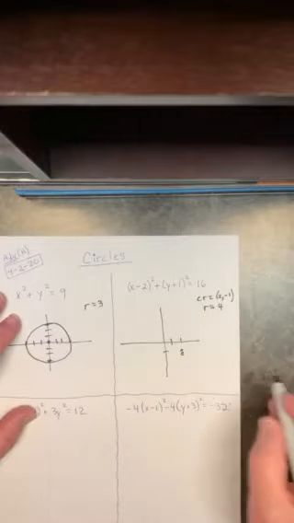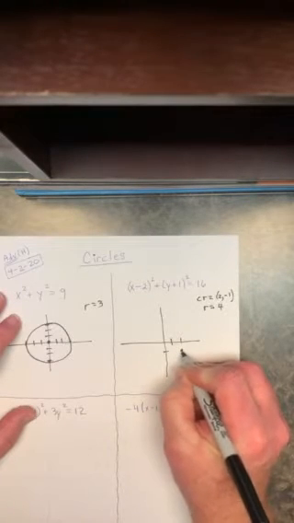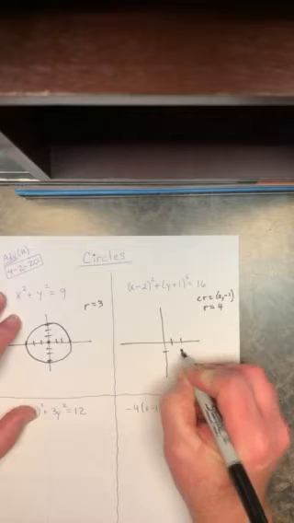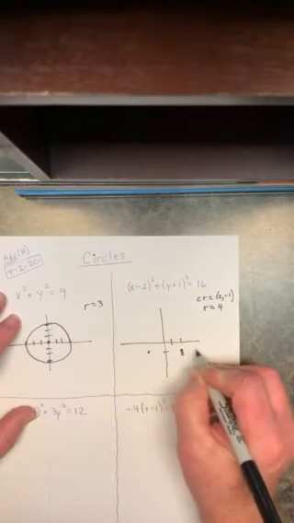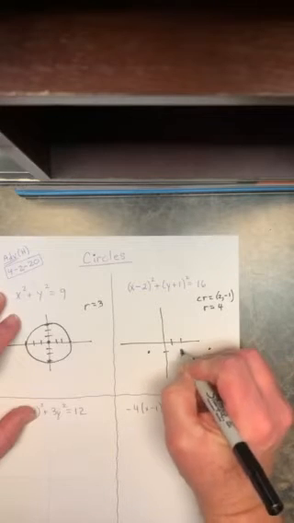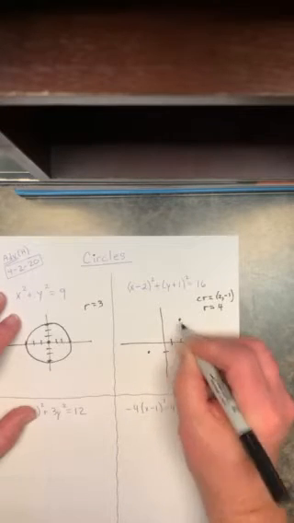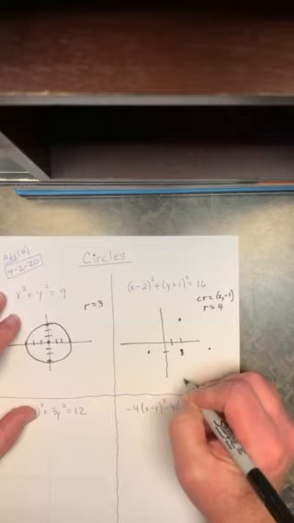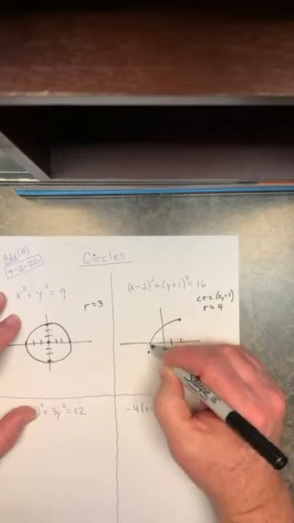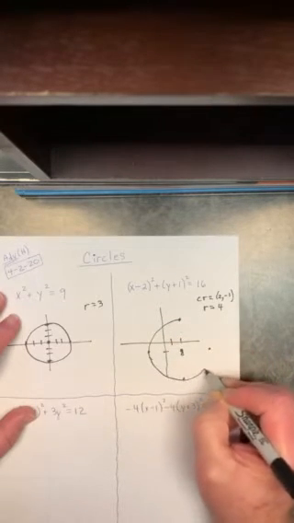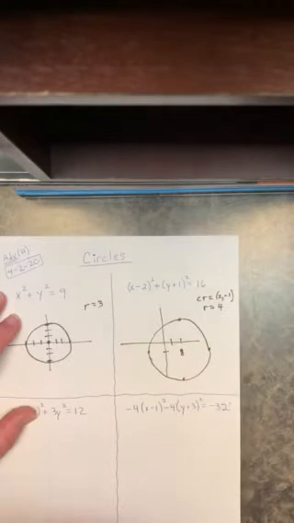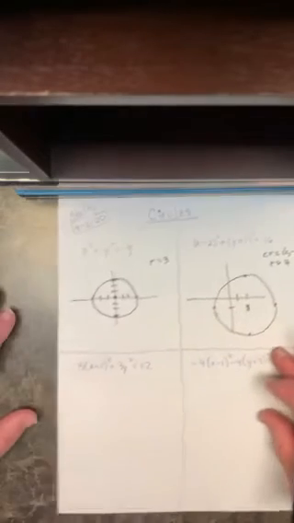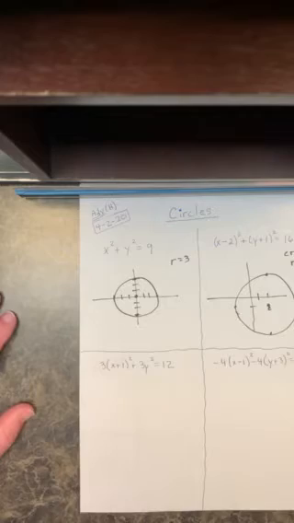And because the radius is 4, from that center dot that I just created, I'm going to go left 4, right 4, up 4, and down 4. Now I can connect my dots and sketch my circle. Right now our goal is to accurately sketch the circle they've given us. Okay? 2 for 2. Everybody go to block 3.